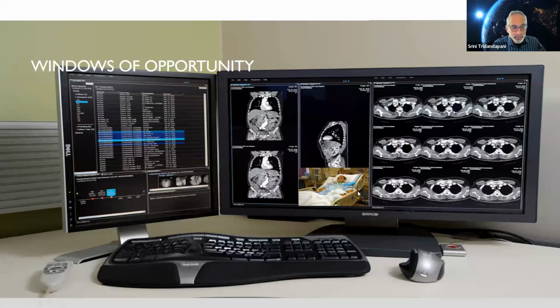Here's what we are building now. If I can do FaceTime, Skype, whatever on my cell phone, why can't I do it on a $20,000 workstation where I'm interpreting CT scans, where I'm interpreting MR examinations?